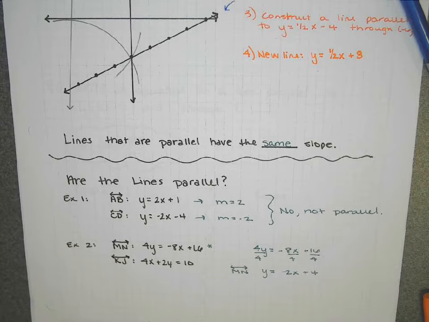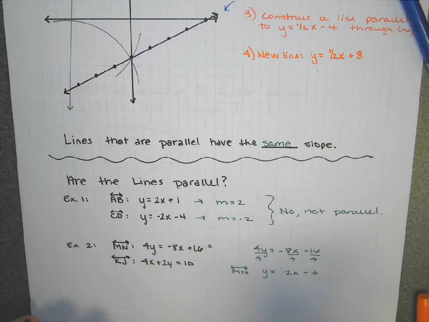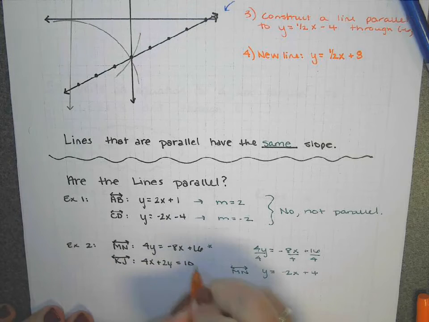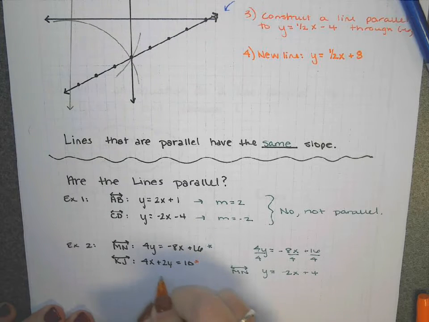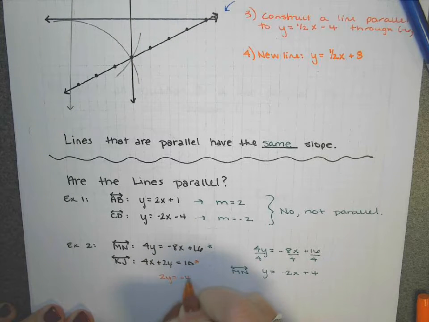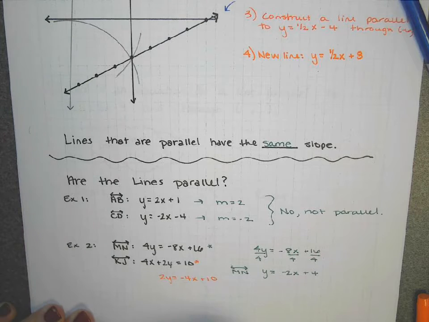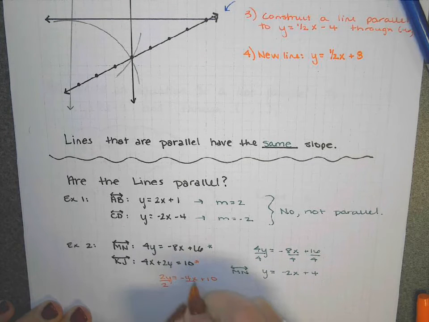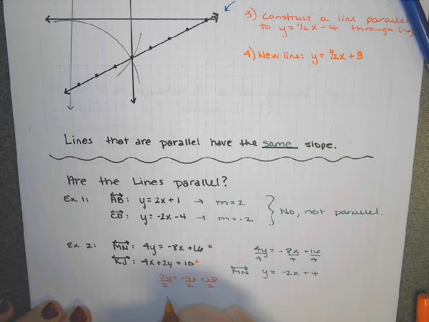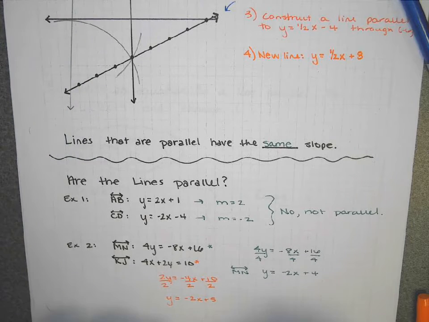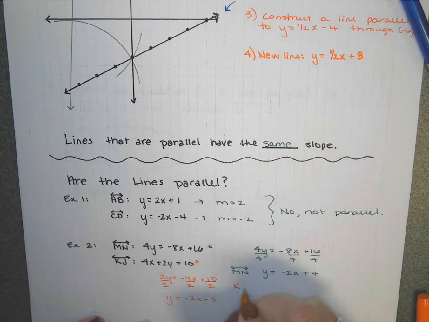Okay, then we're going to have to look at the next line. We're going to have to get y alone. So subtract 4x on both sides. We're going to have to divide by 2 in all those terms. Okay, so MN, this is KJ now.